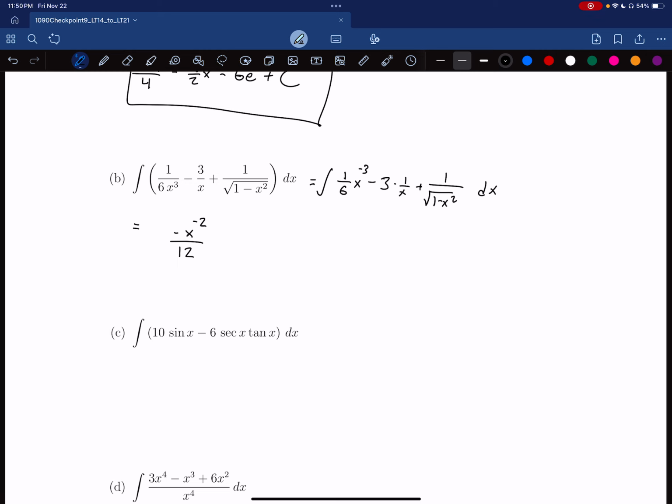I'm going to take the integral. So it's actually just negative 3 ln of x. And then this last term, maybe thinking, whoa, that's pretty crazy to solve an integral for. But the integral or antiderivative is arcsine. That's just knowing the definition of what arcsine is. Looking at it, there really isn't an intuitive way to solve for it.